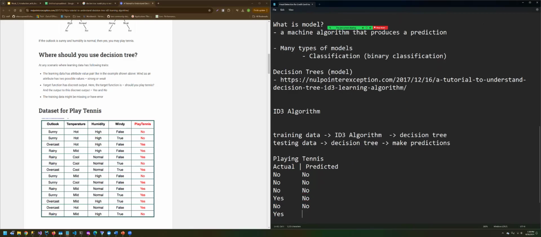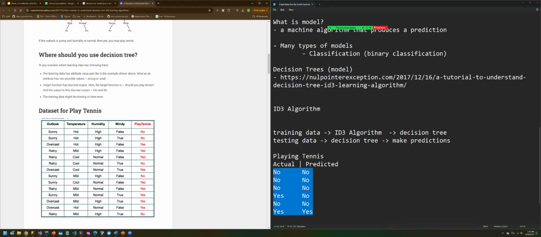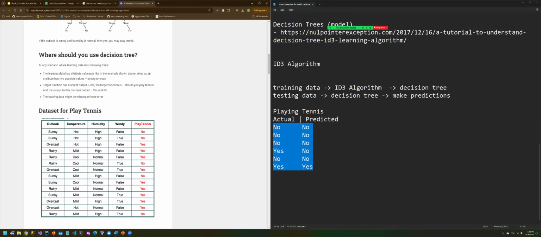Say yes, yes. Okay, so now let's actually do 10 of these. 1, 2, 3, 4, 5. All right, so we have 10 different ones. Let's go ahead and make that a no.